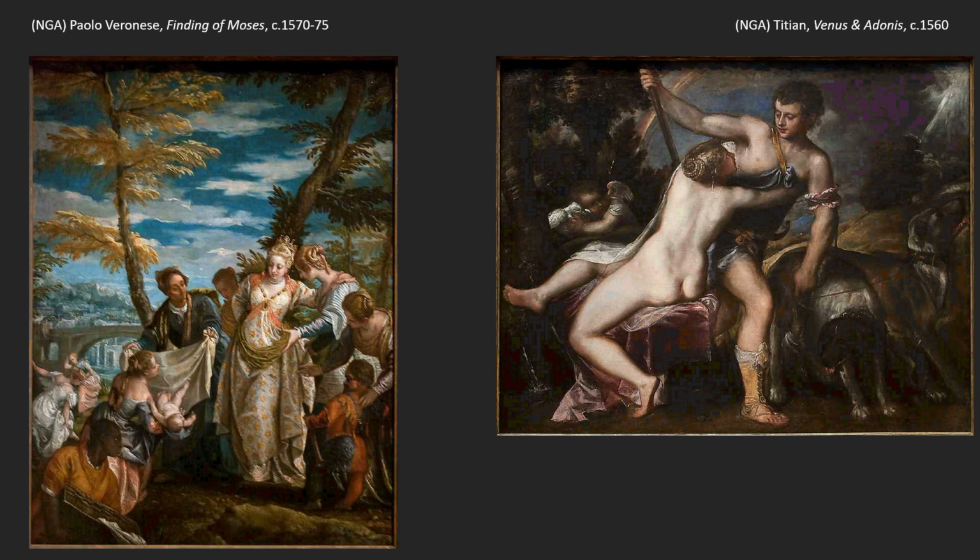Very strongly in the 1540s and 1550s, Titian had gone back to mythologies. Remember, he was doing this series of paintings for the King of Spain, King Philip II, and copies of them for others.